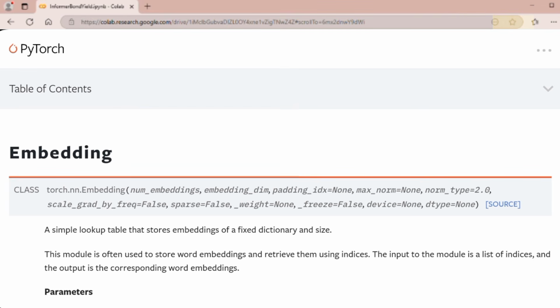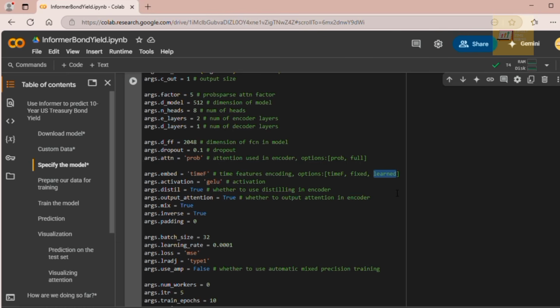For example, the minute unit of time has the size of 4, and the hour has the size of 24. I guess that's because each day has 24 hours. After embedding each unit of time, the embedding results are concatenated. It's just that with embedding, after they build the lookup table, they also set the weight. And this is where fixed and learned are different.